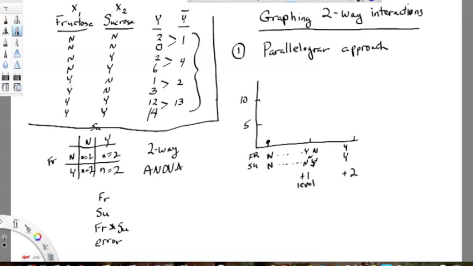And so actually that would be this one down here, and we're gonna plot a mean of 2 right there, and we're going to draw a line between those, which is representing the addition of fructose. And so let's make that a dashed line. Okay. So over here on our figure legend, we'll make our dashed line plus fructose.